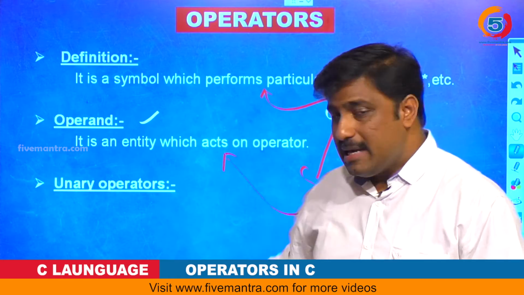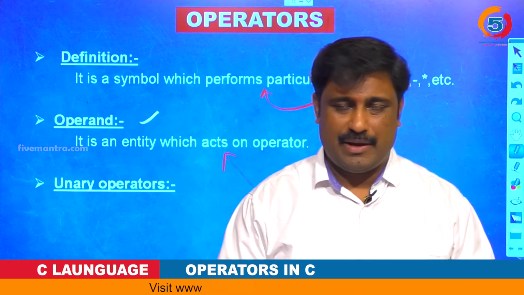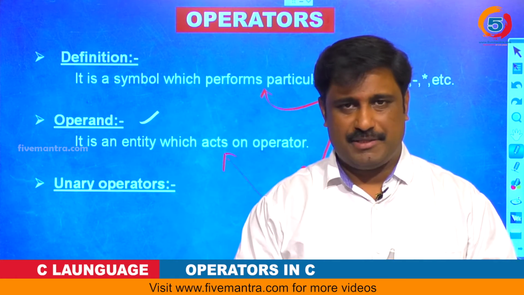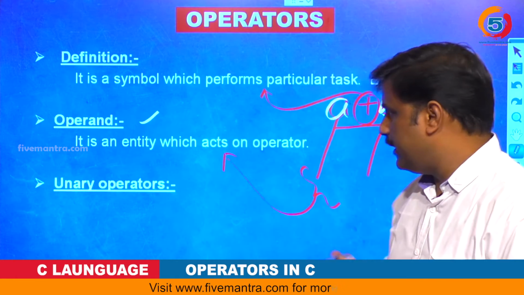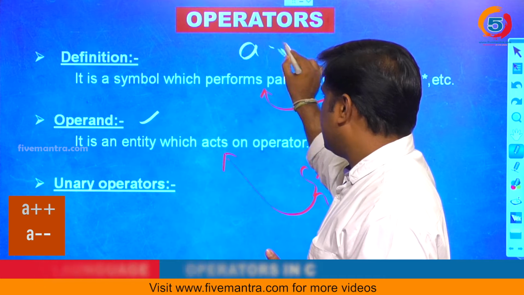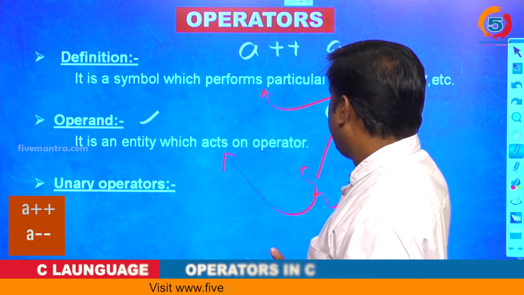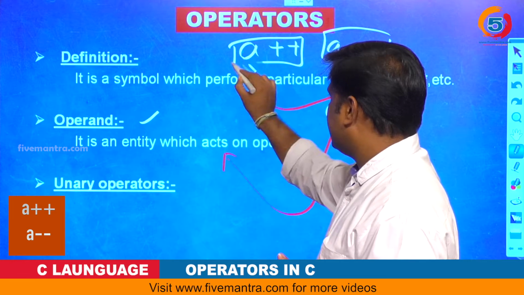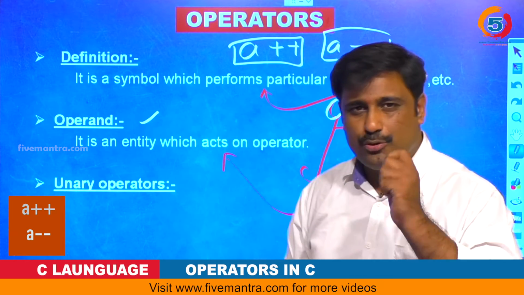Now you understood. Now how many types of operators do we have? Basically these operators are of three types based on operands. If I am using one operand, like A plus plus or A minus minus, this we call a unary operator. Why? Because unary means one.